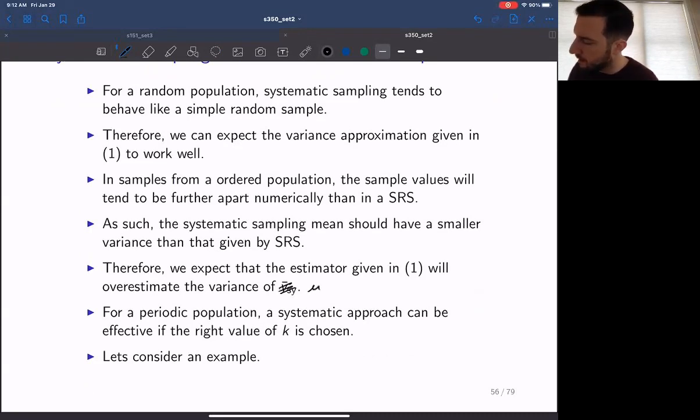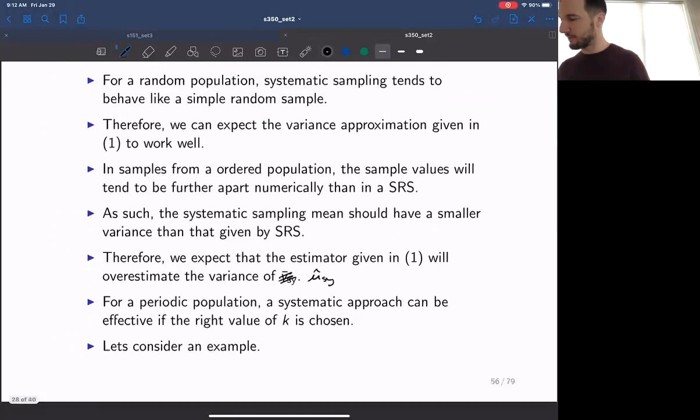So this should be V hat SY. For a periodic population, we could observe the opposite effect. If we are sampling from a periodic population using systematic sampling, we could run into the situation where we underestimate the true variance if we are using the SRS estimator for the variance of the mean. So much lingo, so confusing.